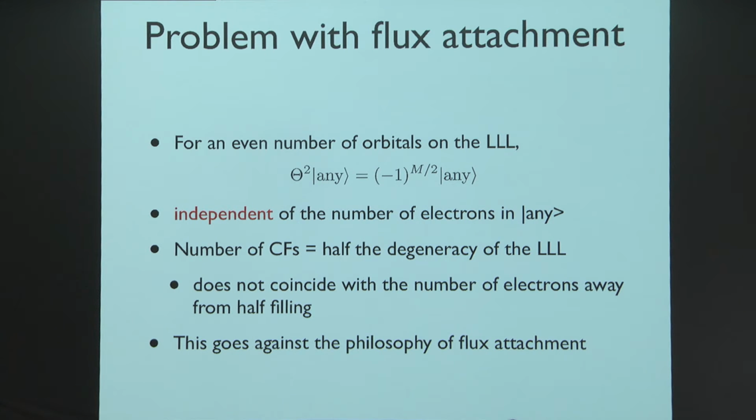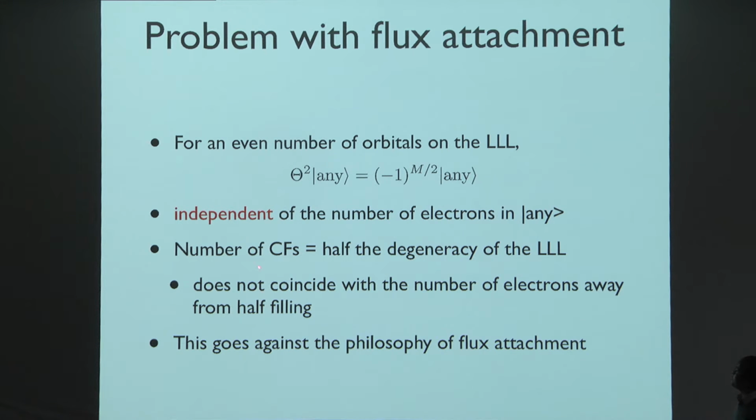So that gives us a problem with flux attachment. For an even number of orbitals in the lowest Landau level, we have seen that theta square acting on any state is equal to minus 1 to the power m divided by 2 times the same state, independent of how many electrons there are in that state. The factor depends only on the magnetic field, not on the number of electrons.